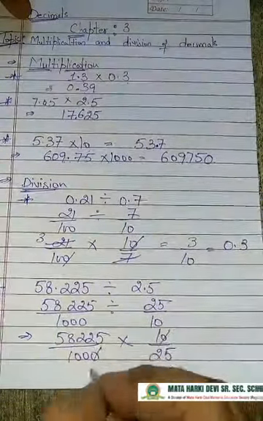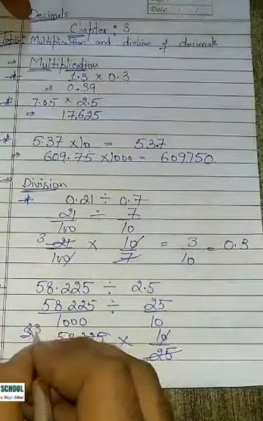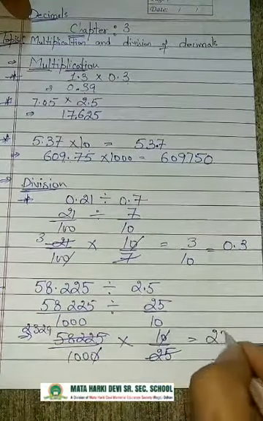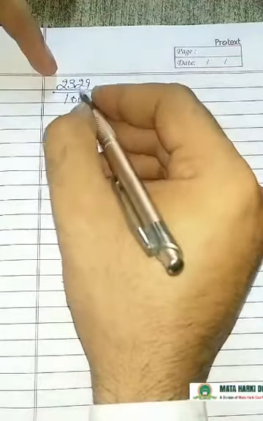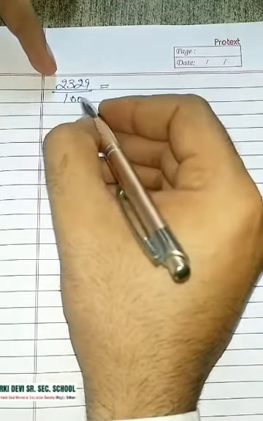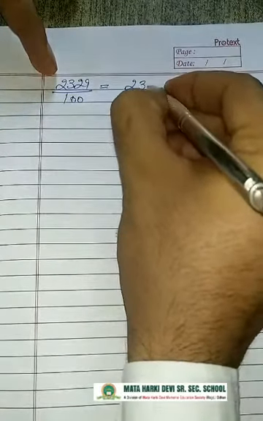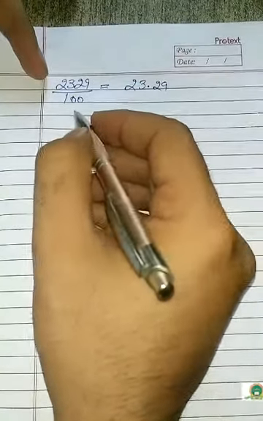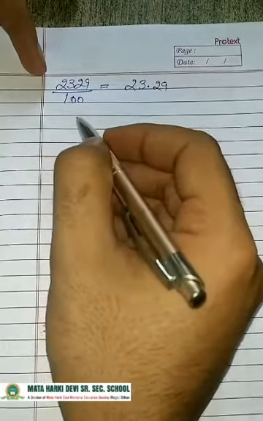So cut the numbers. After cutting you will get 2329 divided by 100. So convert this fraction into a decimal number. You have to leave 2 decimal places behind the point. So the answer is 23.29.